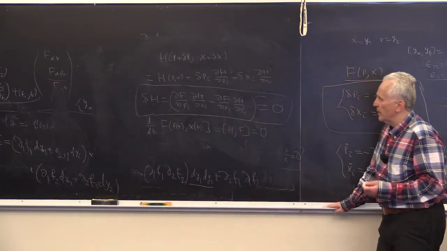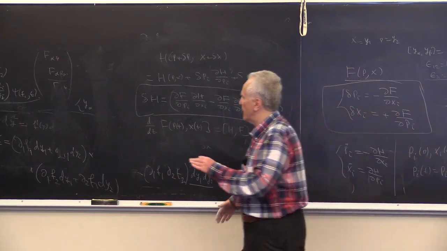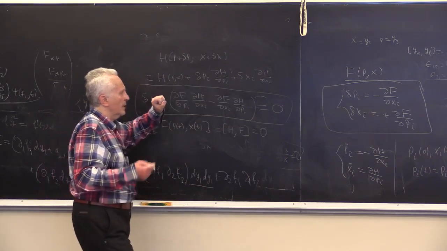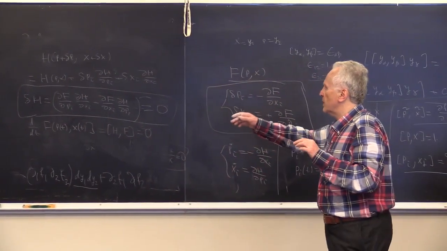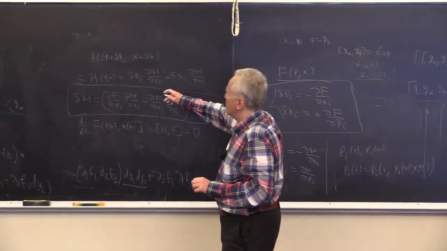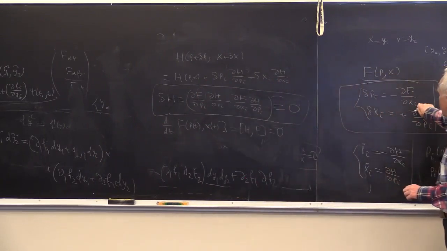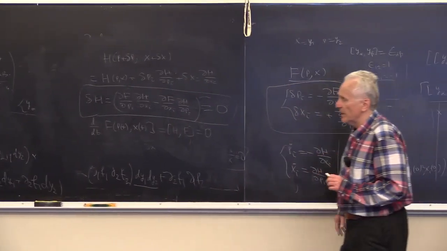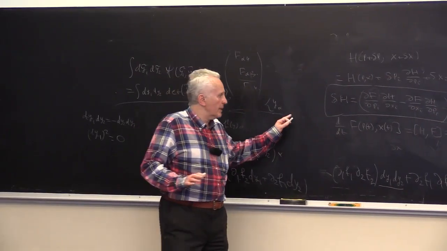So it becomes completely trivial that if you have an arbitrary canonical transformation which leaves the Hamiltonian unchanged, then the generating function of this canonical transformation is a conserved quantity. It doesn't change with time. You don't have to calculate anything else.